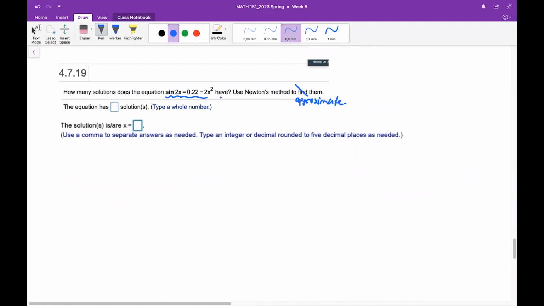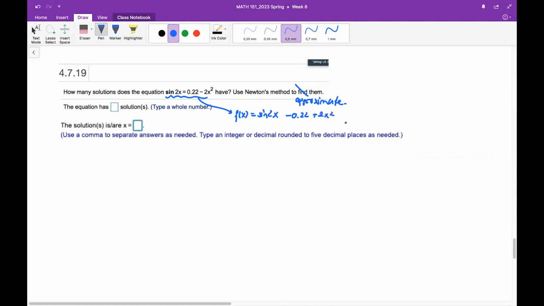We can apply Newton's method to a curve, not to an equation. So we need to transform this equation to a function. Like f of x is sine 2x minus this number plus 2x squared.